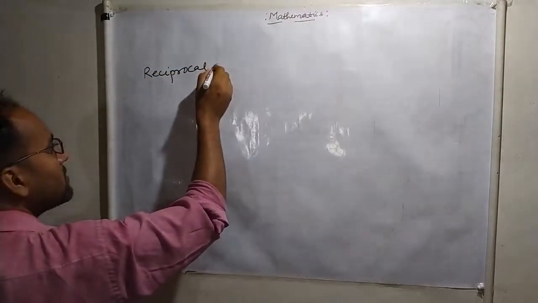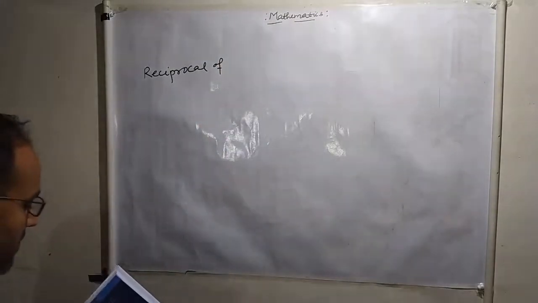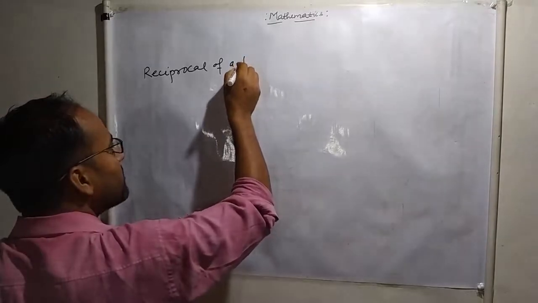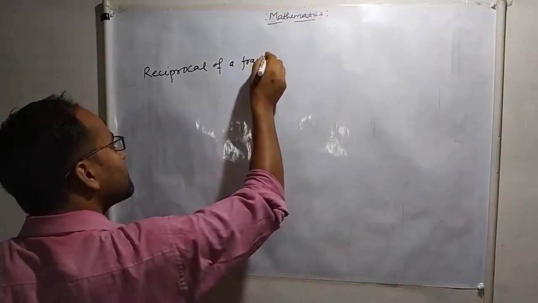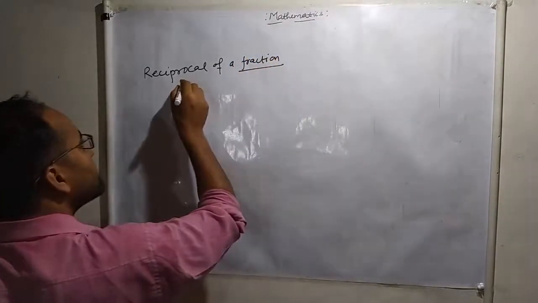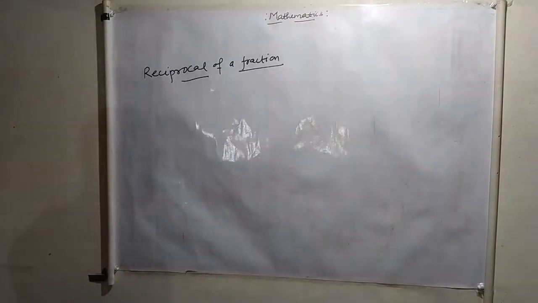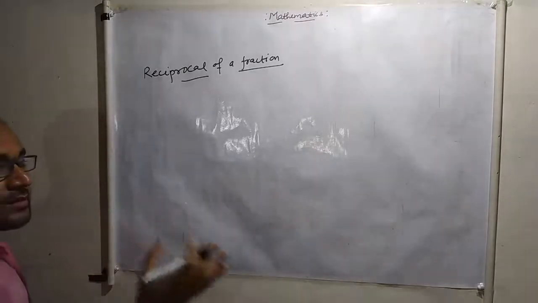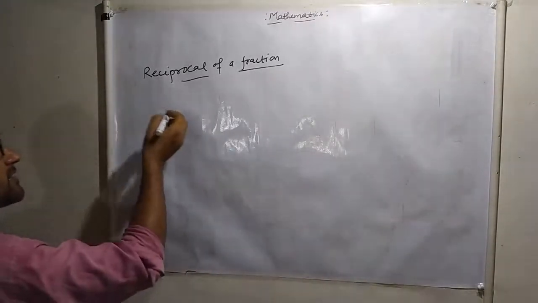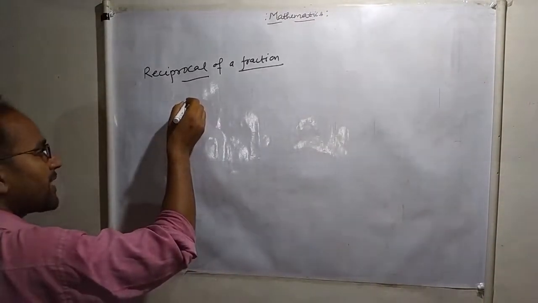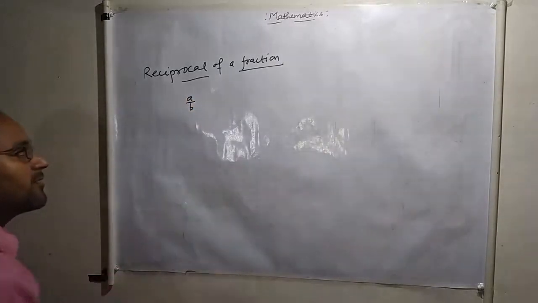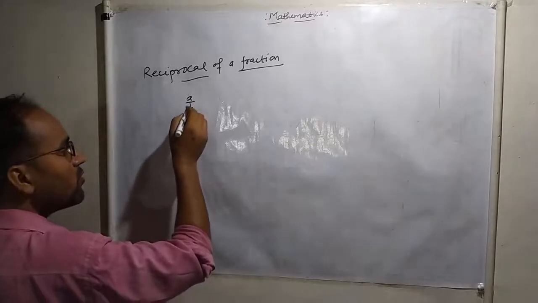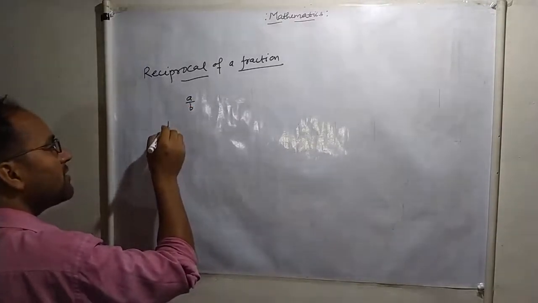Reciprocal of a fraction. Reciprocal means just the opposite of that one, not in sign. Suppose I have taken a fraction a upon b. What is the reciprocal of a upon b?